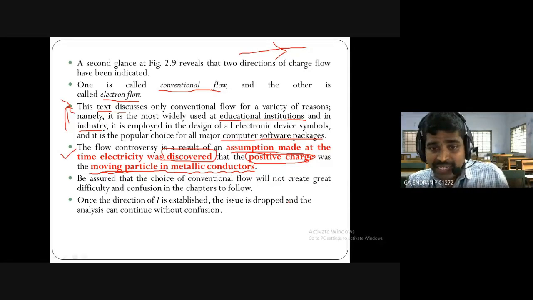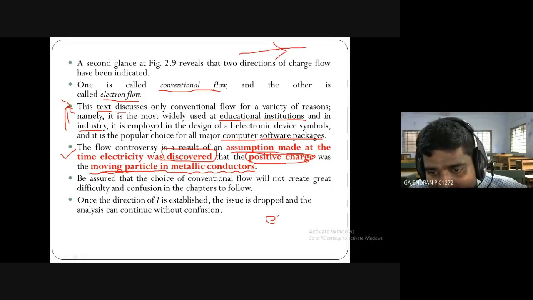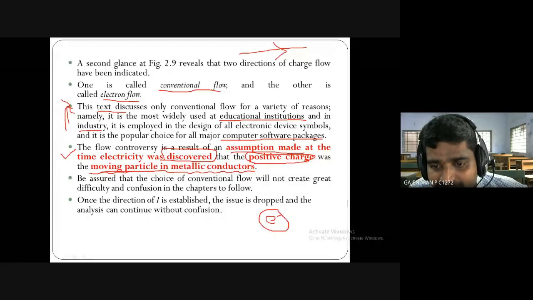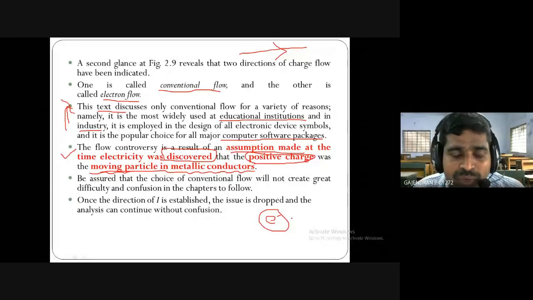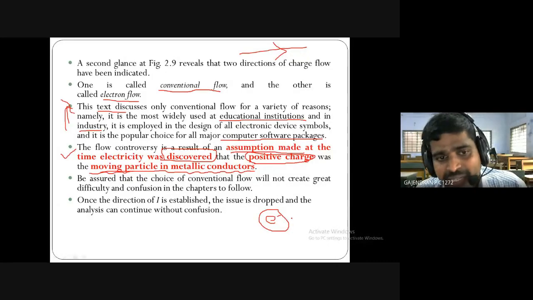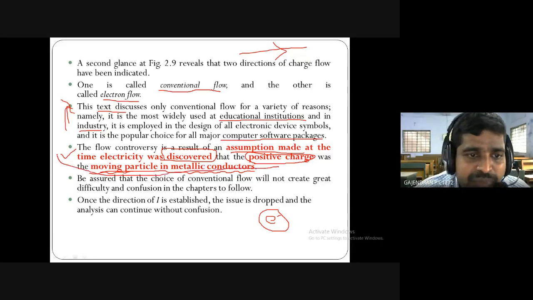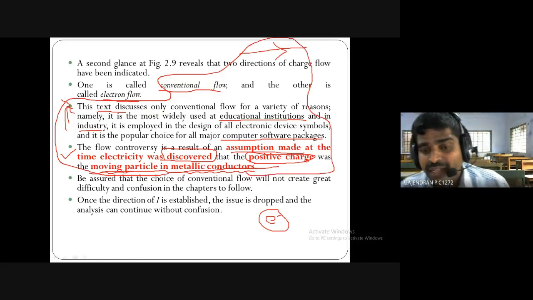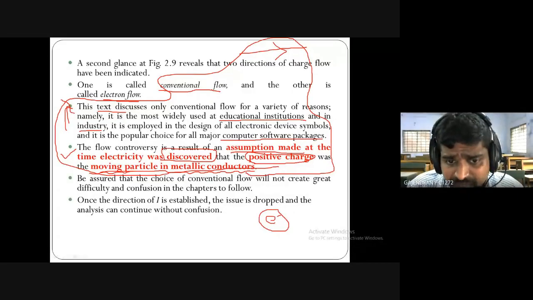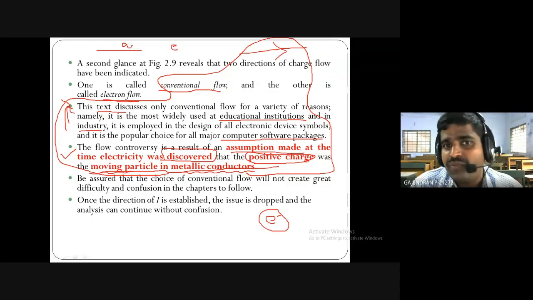But in later stages they found that electrons are the ones moving. Once they invented semiconductor electronics, at that time they found that electrons move from one place to another. Then they didn't want to disturb the old things, because that would mean changing the entire structure. So they simply started writing the content with the title conventional current flow or electron current flow.